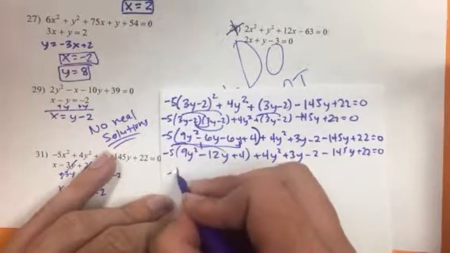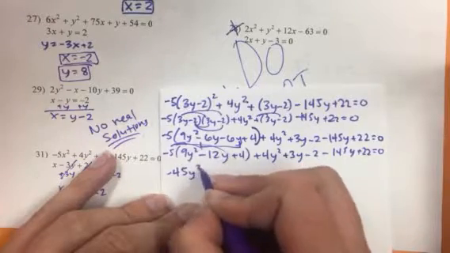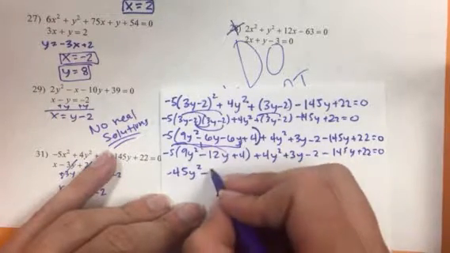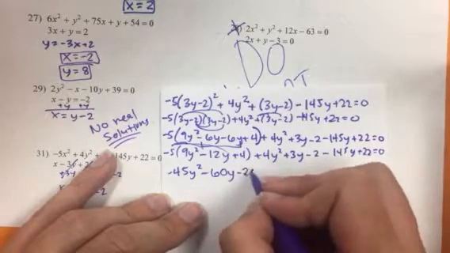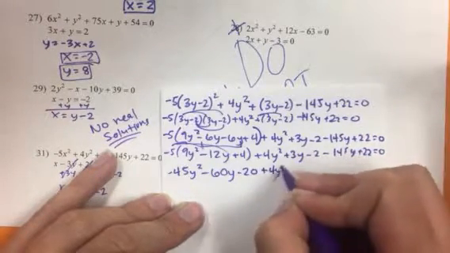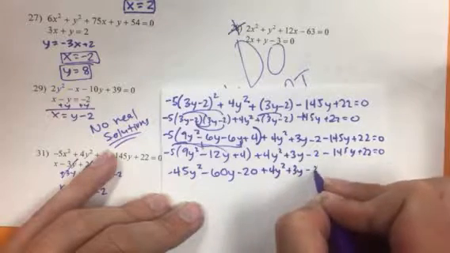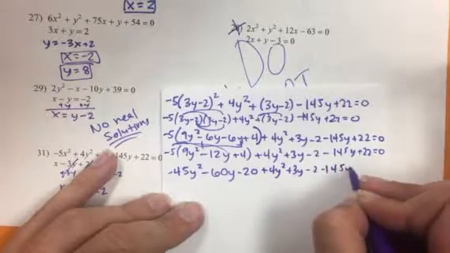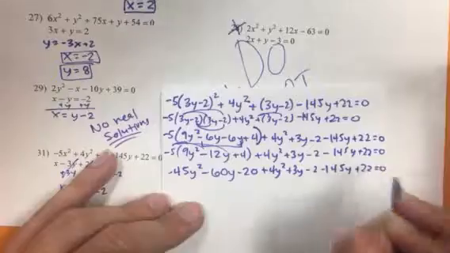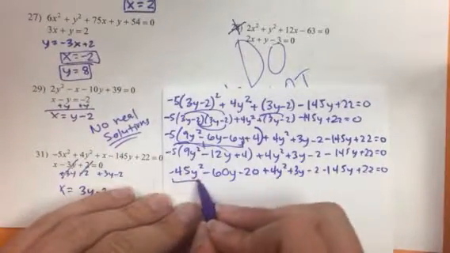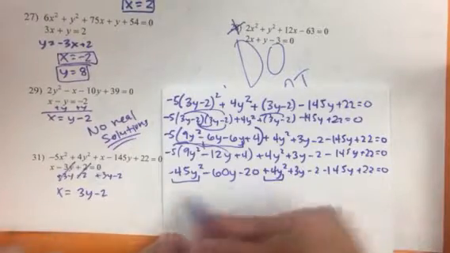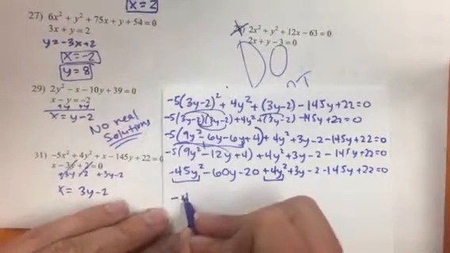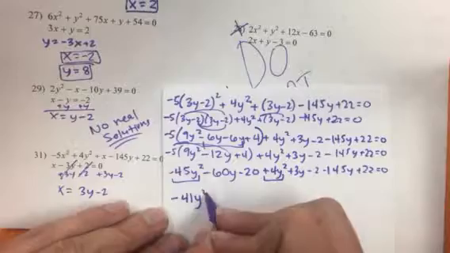So we get negative 45y squared minus 60y minus 20. All right, combine like terms. Squared makes a negative 41y squared.